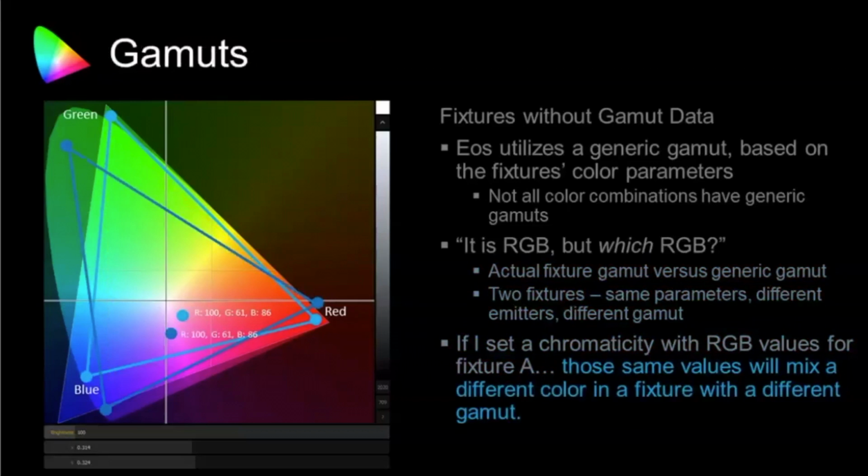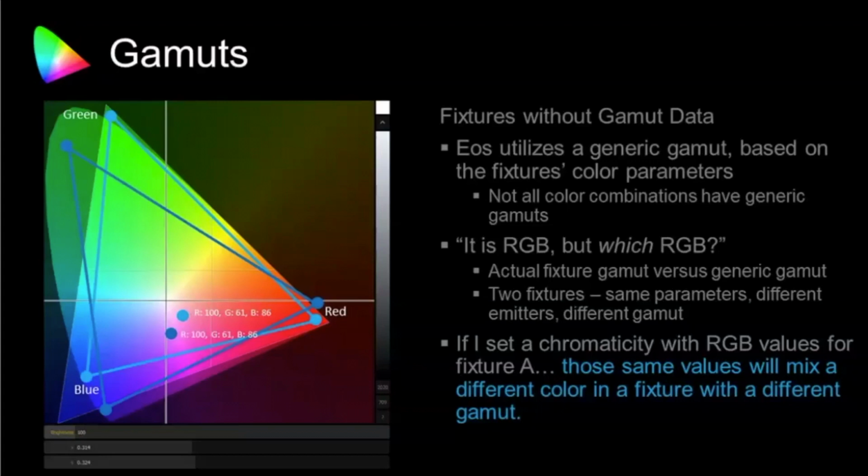So this applies to a generic gamut being applied to a fixture that we don't know the gamut of. It also applies to two fixtures that have the same parameters but different gamuts. You can see those gamuts are rotated off of each other. That is going to result in different colors.